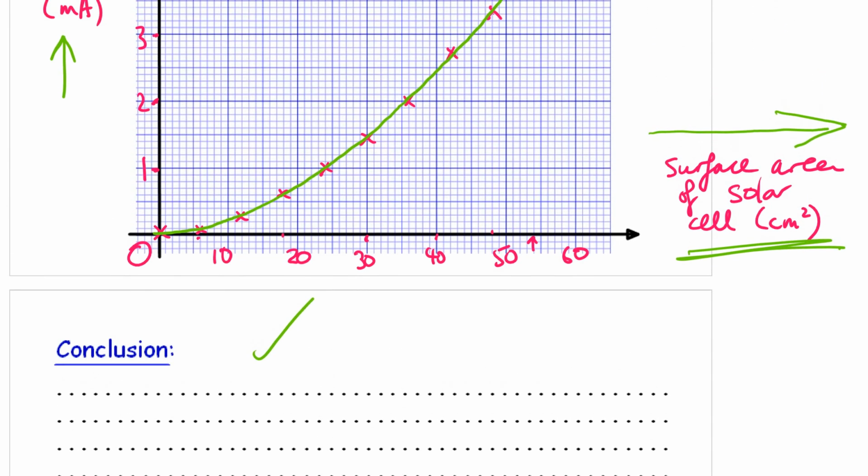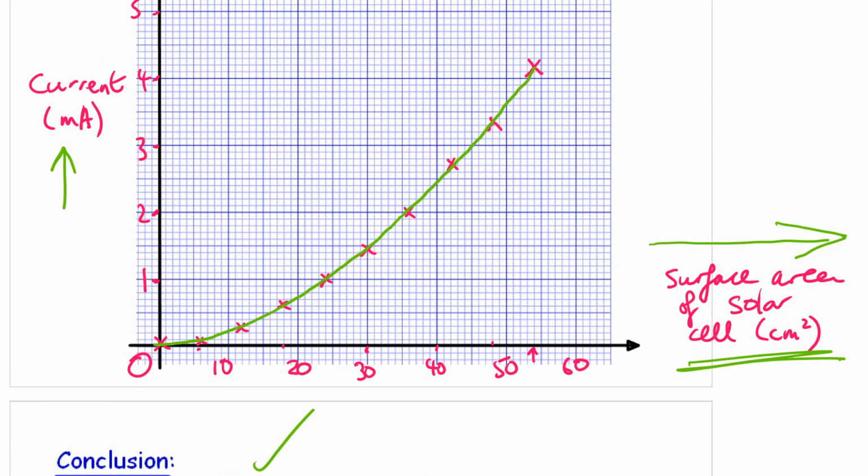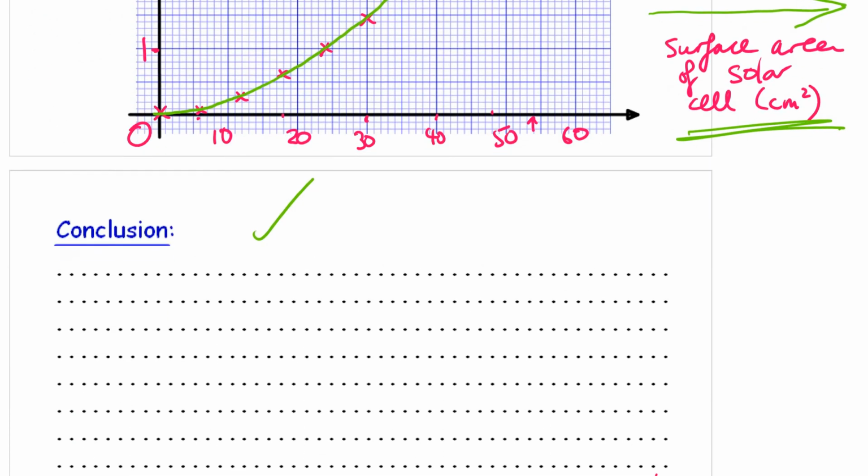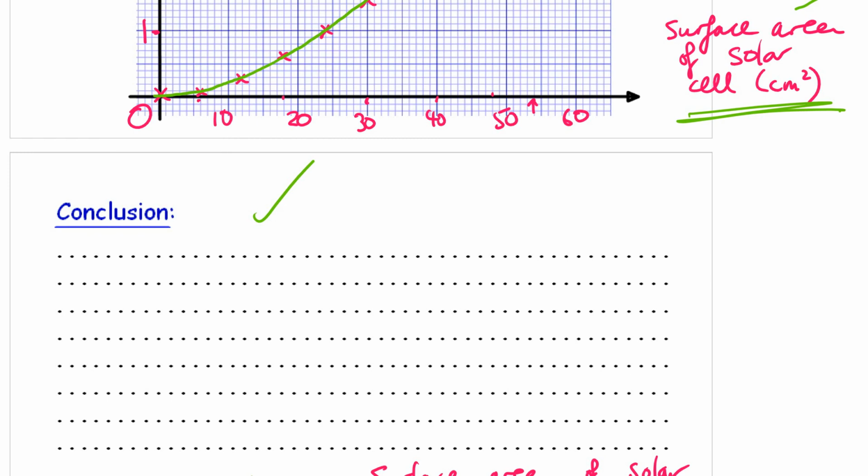Well, if you increase the surface area of the solar cell, more of the light energy from the lamp can strike the solar cell, and so more current in milliamps is generated. The bigger the solar cell, the more electricity, current, is going to be generated.